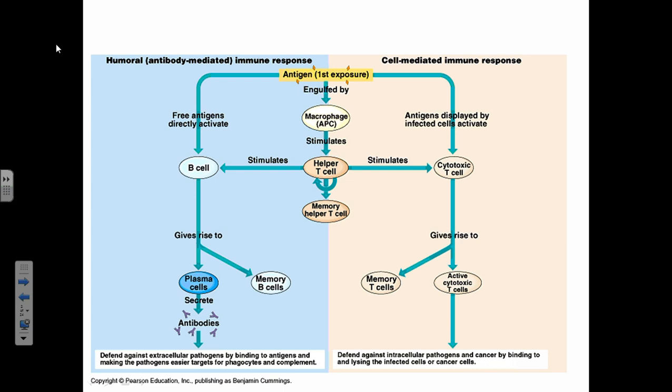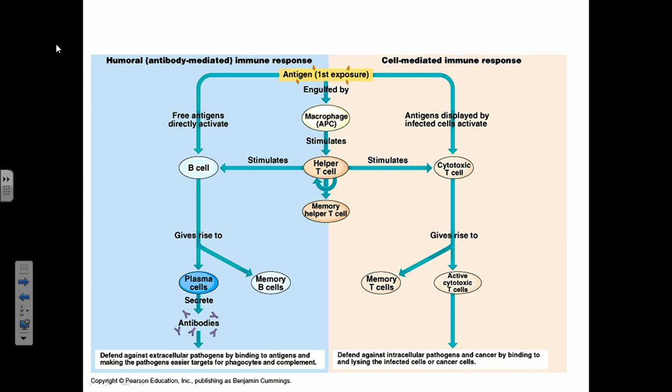There's the humoral, sometimes called antibody-mediated immune response, and there's the cell-mediated immune response. Why is the humoral called humoral? Yeah, it can only work against germs that are in the fluids, in the blood, in the lymph, in the fluids between the cells, because what are antibodies? They're big old bulky proteins and they can't get into cells very easily.